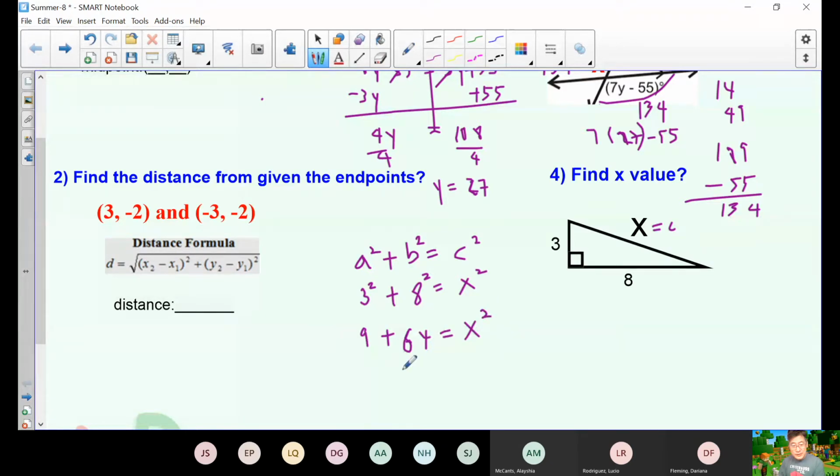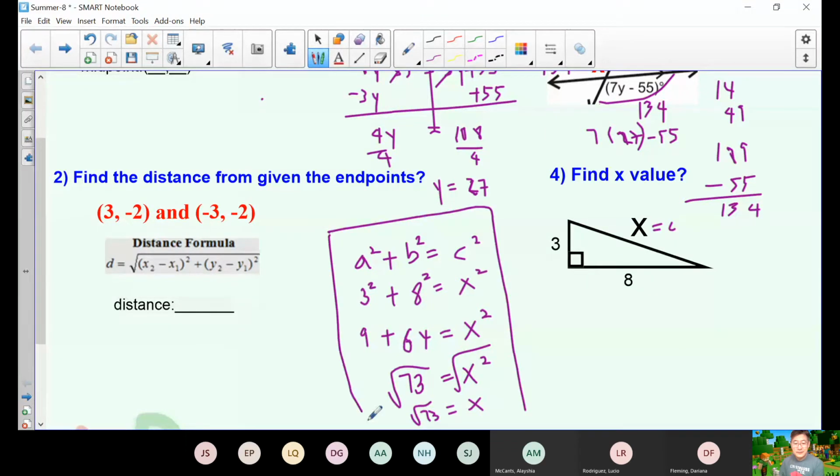So you add it together is 73 equal x square, right? So how you lower this degree, you put square root, right? So you have x equal root 73. So you need to write this one for the grade. Okay. All right.